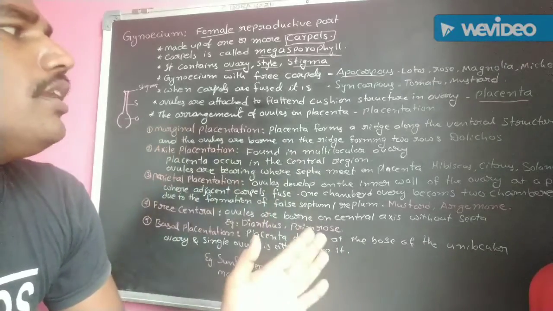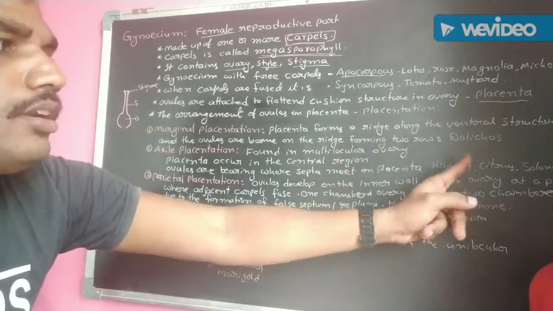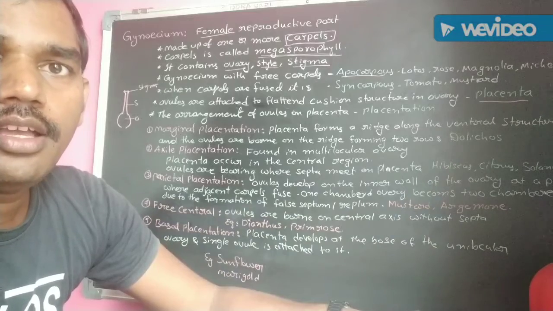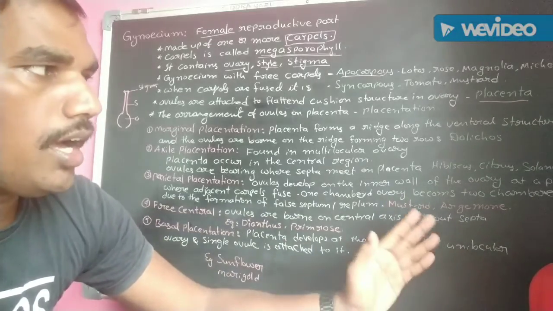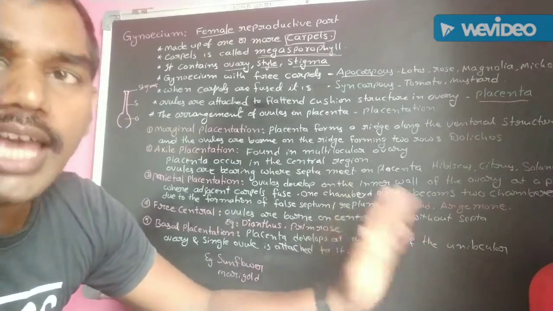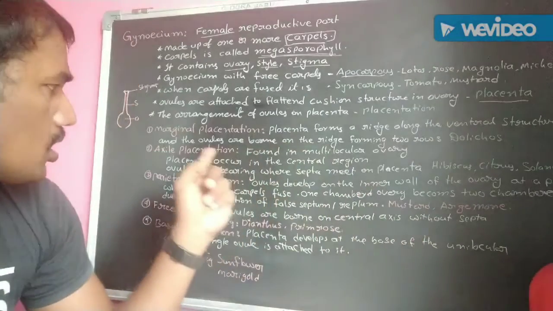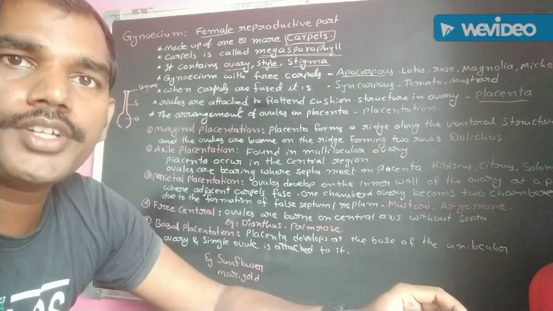It is found in multilocular ovary. Examples: Hibiscus rosa-sinensis, lady's finger, citrus, and also Solanum. Solanum, citrus, hibiscus, and lady's finger species show this type of axial placentation.